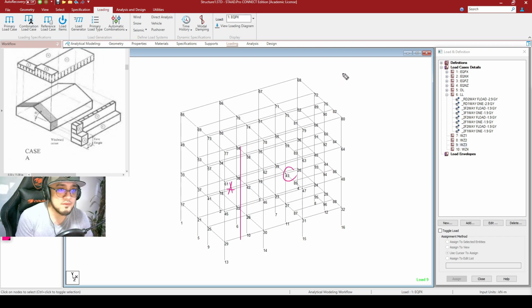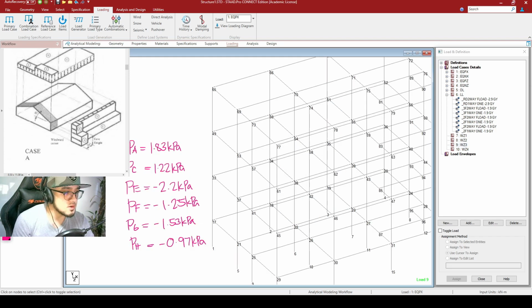Since the alpha that we solved for earlier is equal to 0.9, this particular dimension right here is 1.8 meters and not 0.9. So that is for the division between your zone A and your zone C.